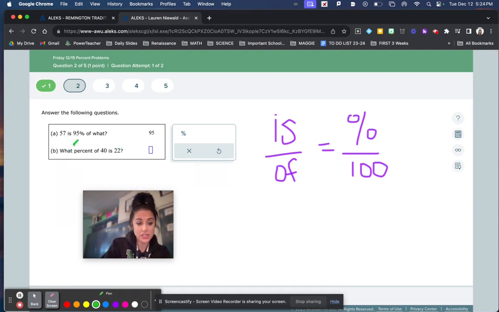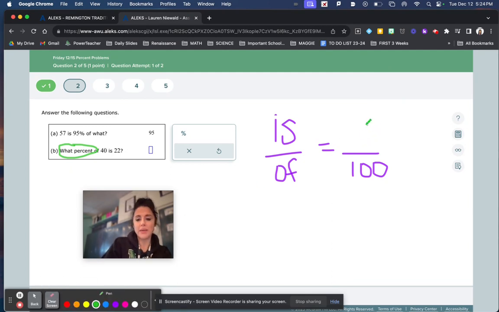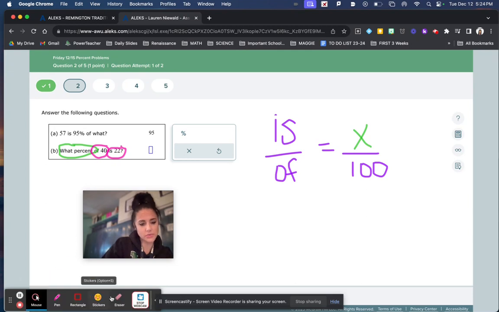It actually says what next to my percent. So I know that my percent is going to be my variable because it's my what. So I'm going to write my x. I always use x as my variable. You do not have to. And then if I keep looking, of 40 is 22. So they're literally right next to one another.